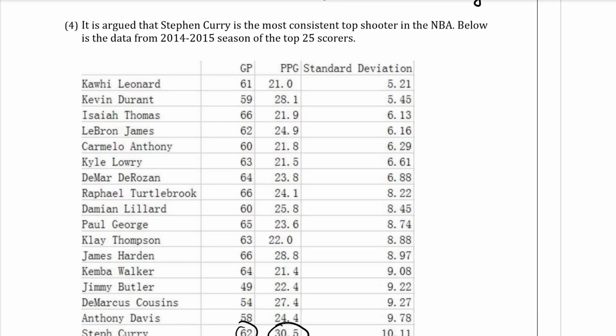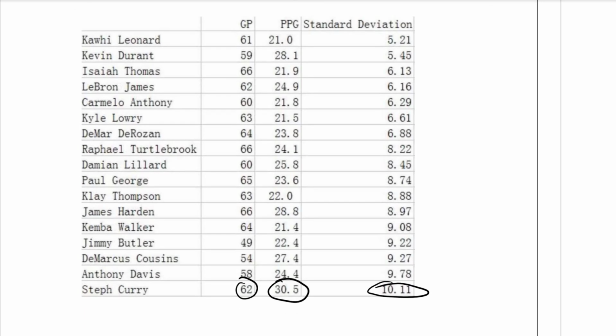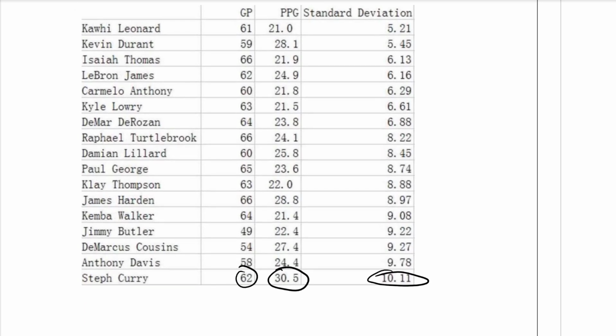However, his standard deviation was the highest. So is he consistent compared to others based on that? I'll give you a moment to write a sentence. You don't have to write an essay or give me all of your knowledge about the game, but just for the sake of mathematics, looking at the standard deviation, what does it tell us?